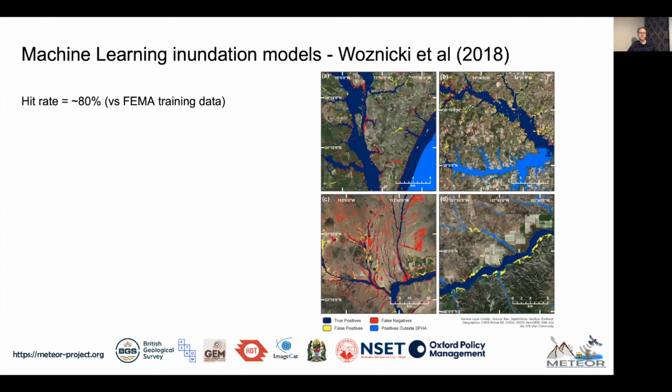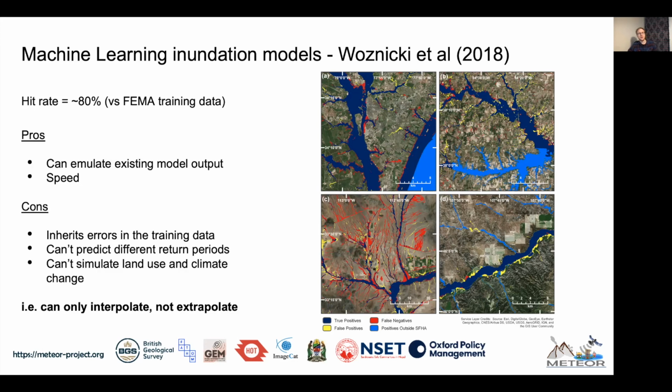And actually, it did do quite a good job. It managed to recreate a flood map with about an 80% hit rate against the FEMA training data. And so what we can say is that, yes, actually a machine learning technique can quite successfully emulate the input training data set and can do it very quickly.